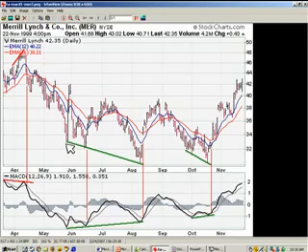Here's another divergence where price is creating lower lows, shown by this descending support line, but the MACD was having higher lows. So again, here's a heads up, a divergence between MACD and the action in price.